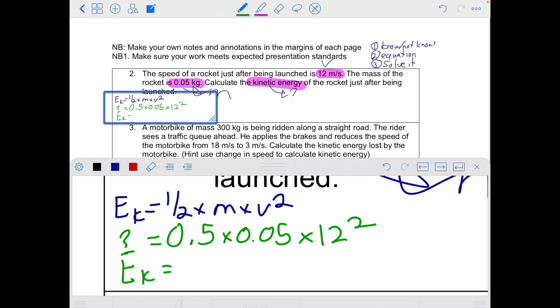So our kinetic energy, once you pull that all out, is 0.36 joules. Remember, no unit, no mark. So you have 1 mark for writing down the equation, 1 mark for putting in the numbers, and 1 mark for the correct answer.